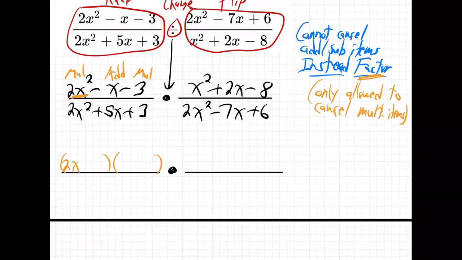So it's going to be 2x and regular x, right? 2x times regular x is 2x squared. And what multiplies to be 3? Well, there's actually a couple options, aren't there? Let me just do both options right here.